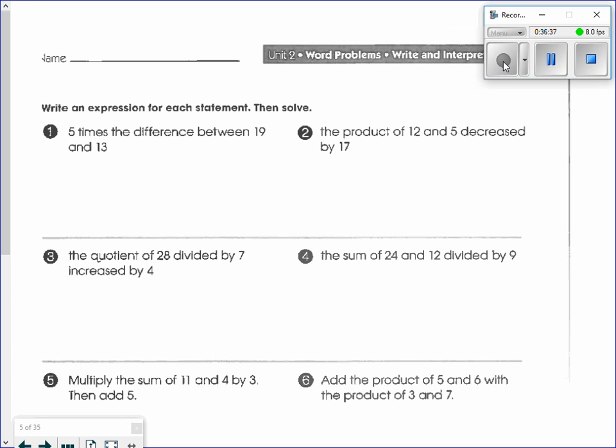So I'm going to do this one, and then you can worry about that. Very good.